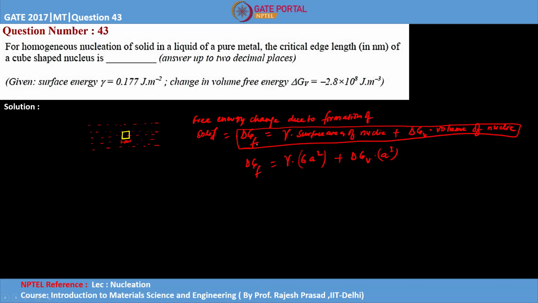Now to calculate the critical edge length, we have to differentiate this free energy change with respect to the edge length. So we have to calculate d of delta GF upon dA, and this will be equal to 12A times gamma plus 3A square delta GV.